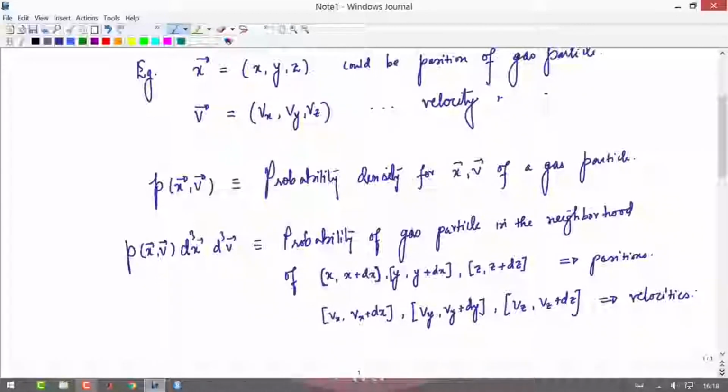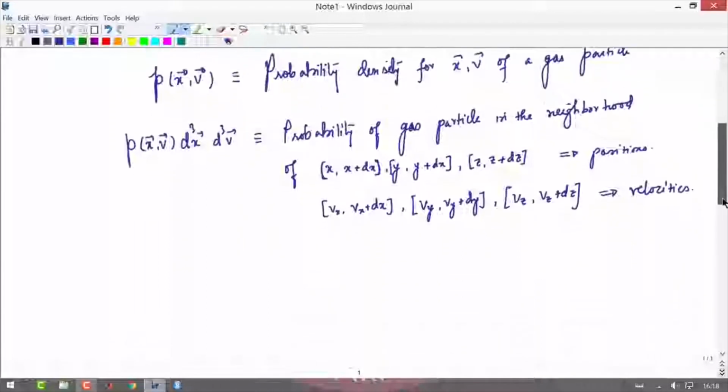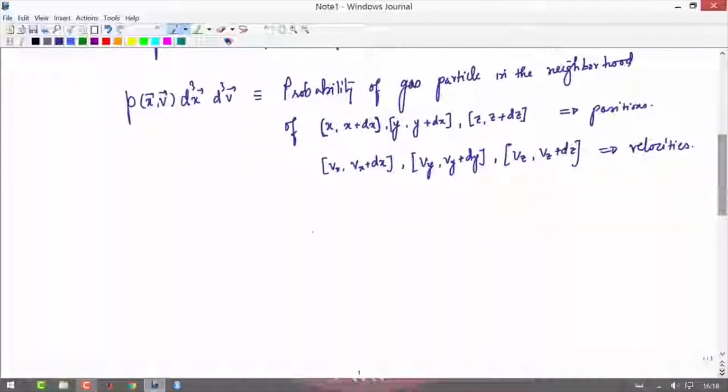So this is like a 6-dimensional cube. I'm going to draw it in 3 dimensions only. You can take x, y, and z, and just take a point here in the space.